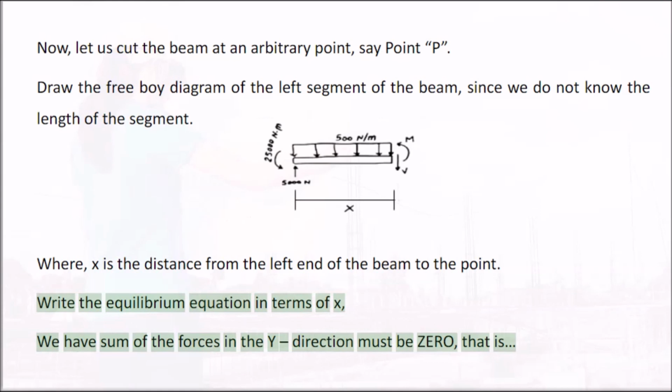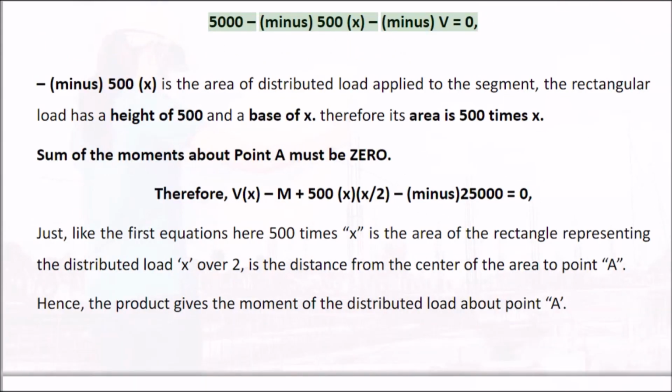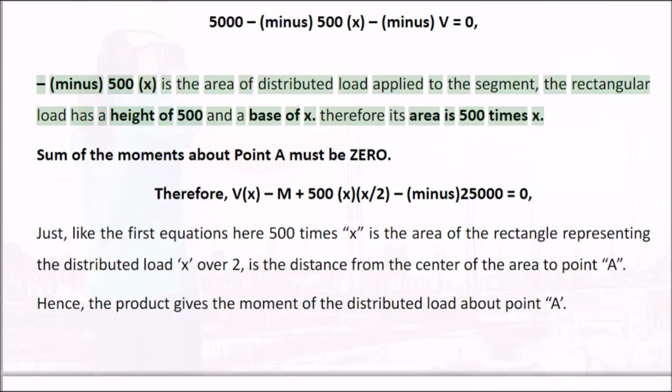The sum of the forces in the y direction must be 0, that is 5000 minus 500x minus V equals 0. 500x is the area of the distributed load applied to the segment. The rectangular load has a height of 500 and a base of x, therefore its area is 500 times x.